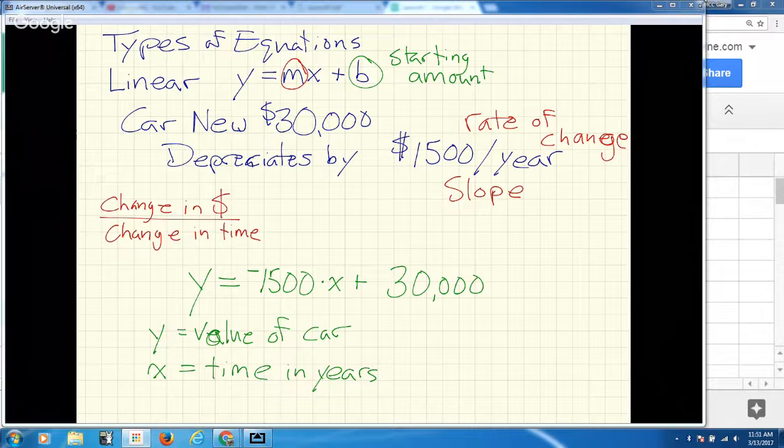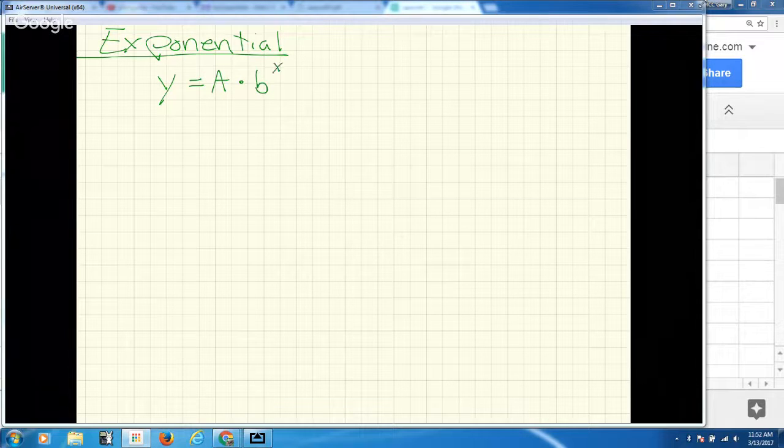And let's try another one. Another popular equation that we've seen would be exponential. The basic type of exponential that we came across is something like y equals a times e to the power x.